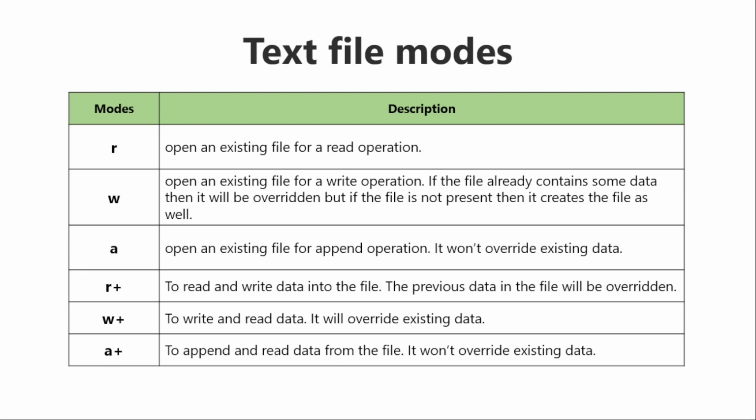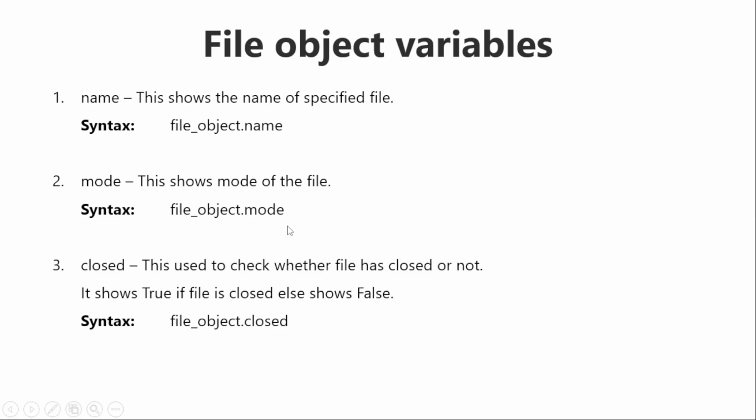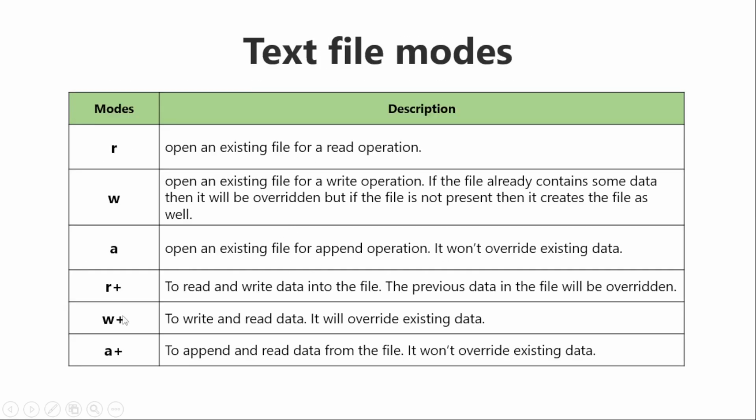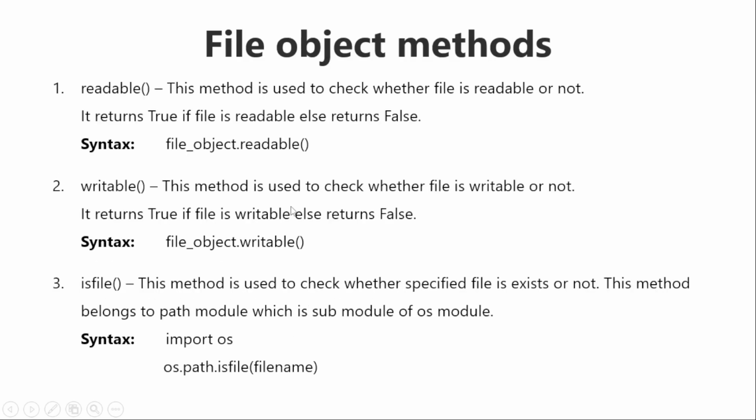Now we are aware of R, read, W, write, A, append. With the help of these, we can perform file object variables and file object methods operations. Later on, we can focus on R plus, W plus, A plus, because these operations include a lot of file object methods, which we'll be discussing here.